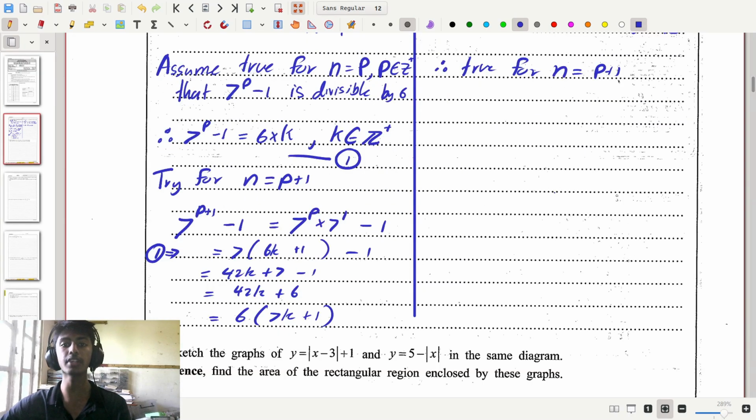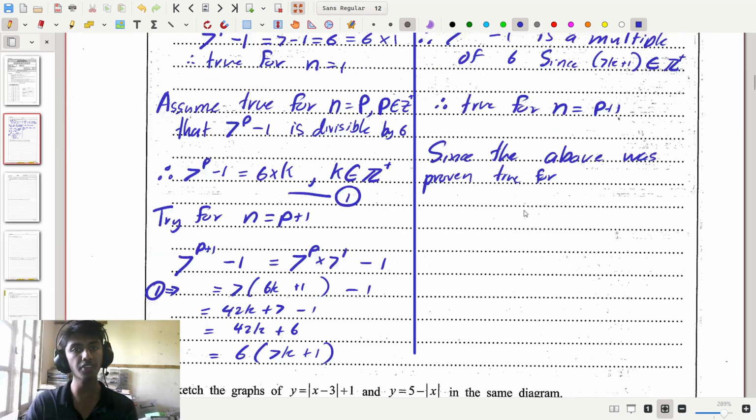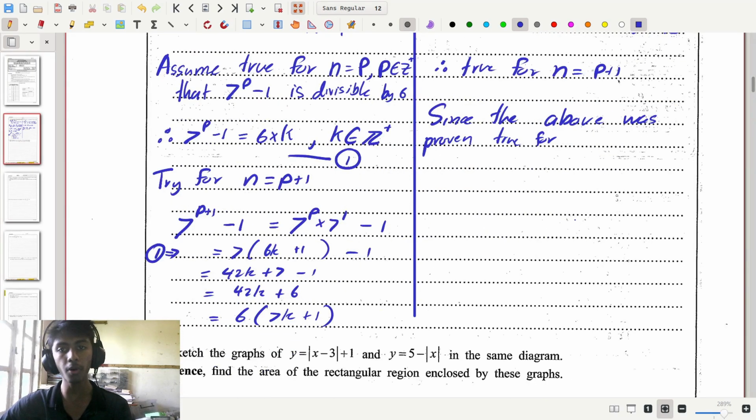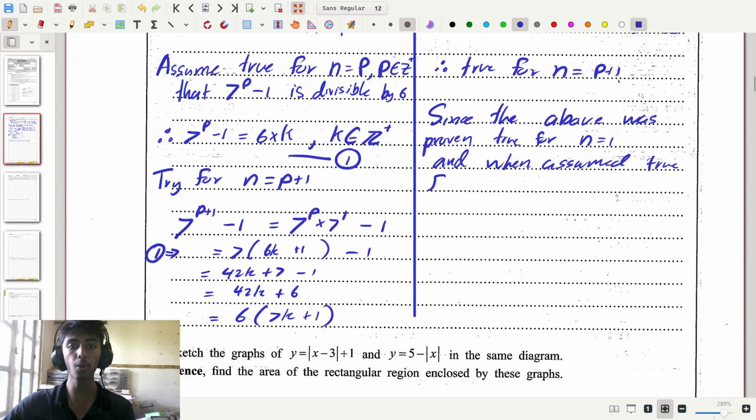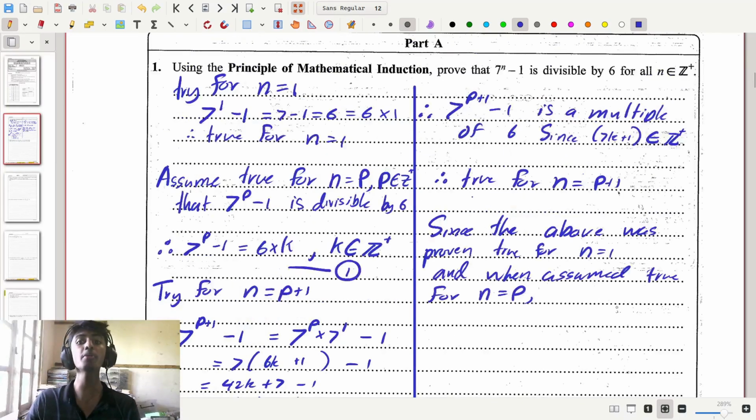We can say, since the above was proven true for the base case, which in this case is n equals 1, so we'll say proven true for n equals 1, and when assumed true for n equals p, we found it true for n equals p plus 1.